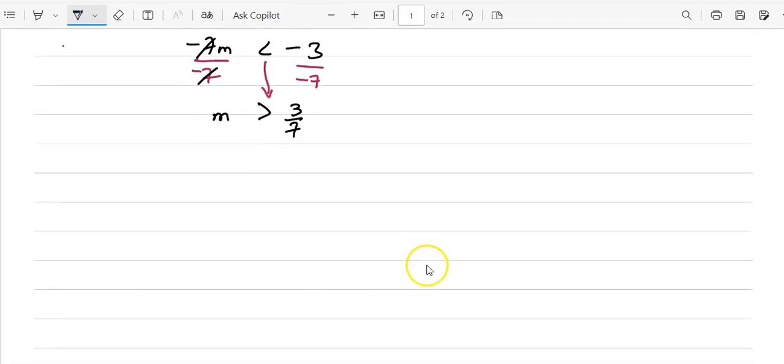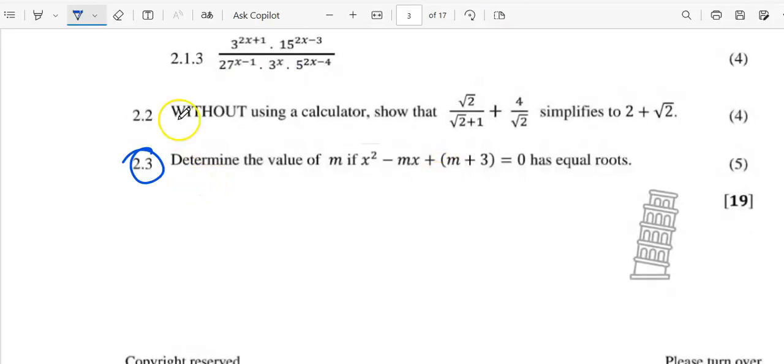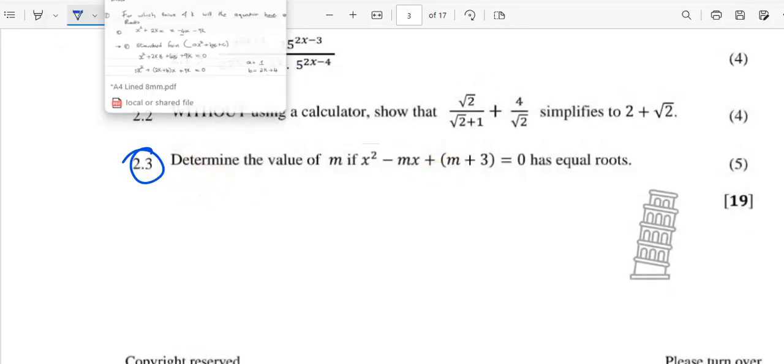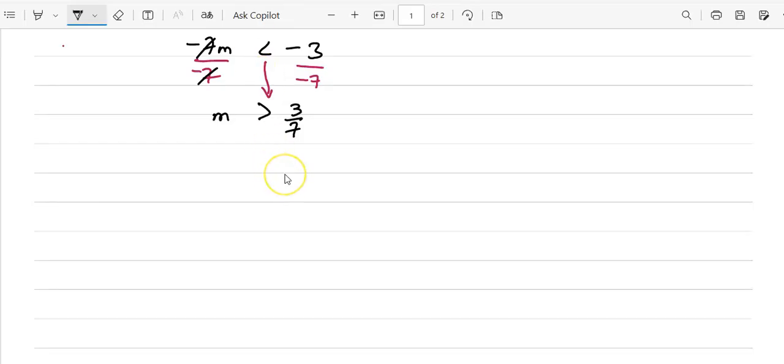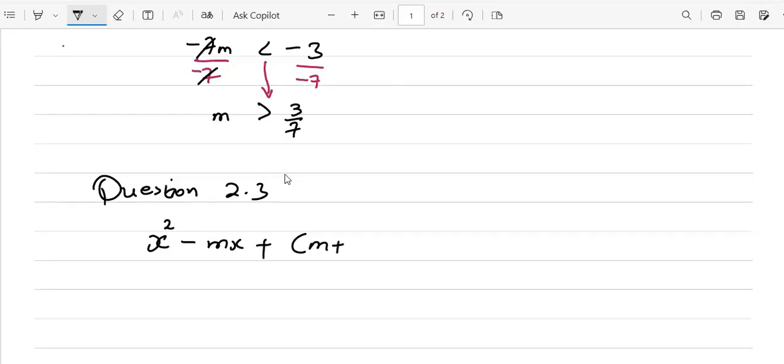So to answer this one, this is from question 2.3. Remember that we are given x squared minus mx plus m plus 3 equal to 0.